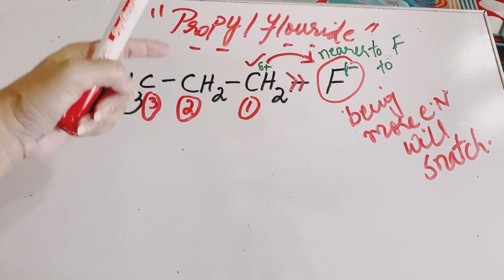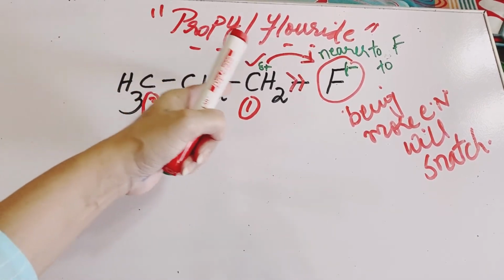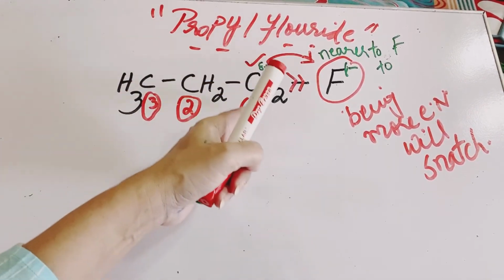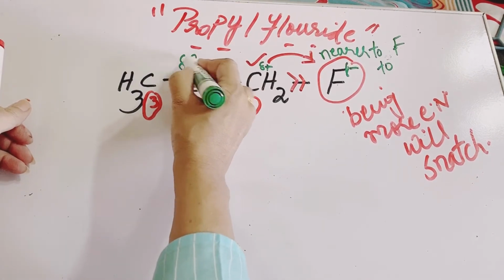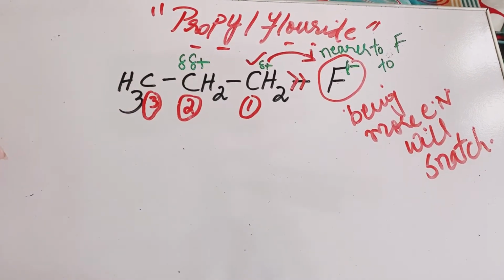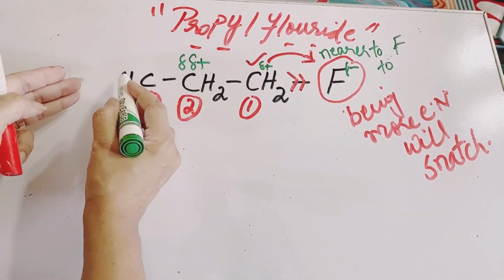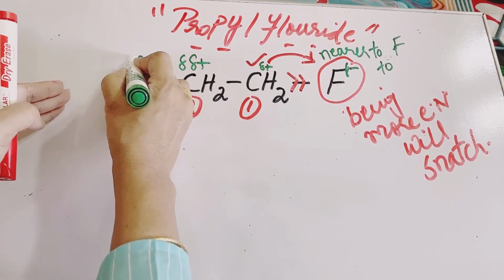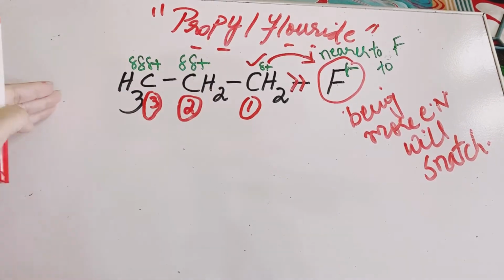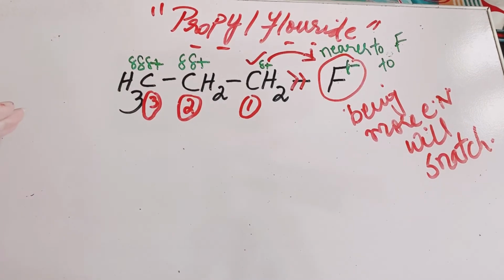positive charge, whereas the same pulling will be done between carbon number 1 and 2, resulting in it also having a partial positive charge, and the third carbon will acquire partial positive charges as well.